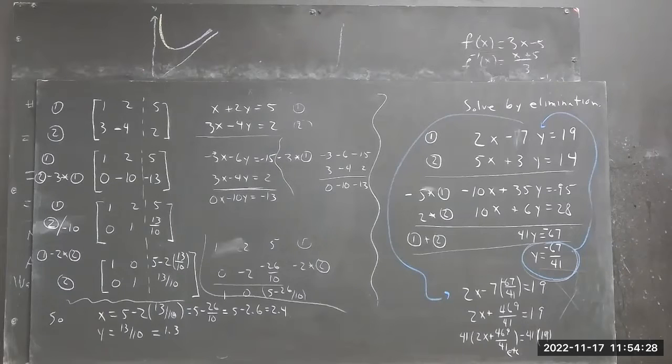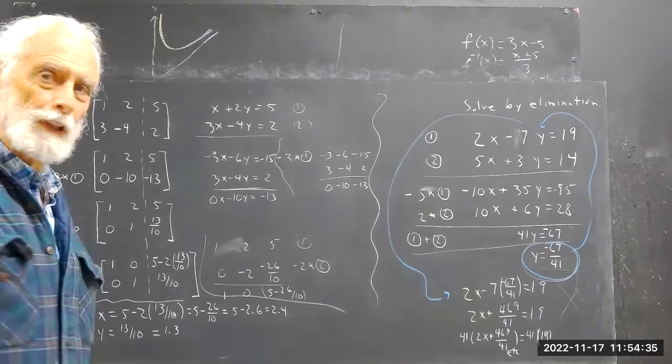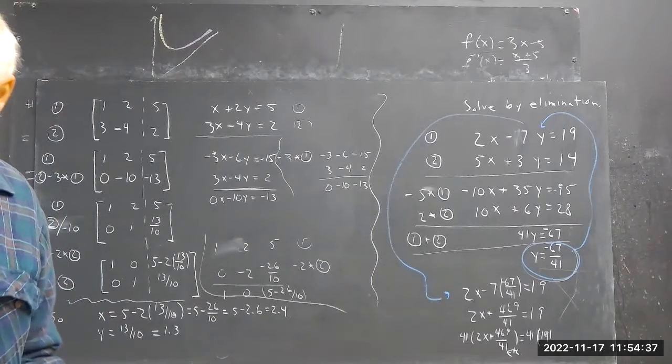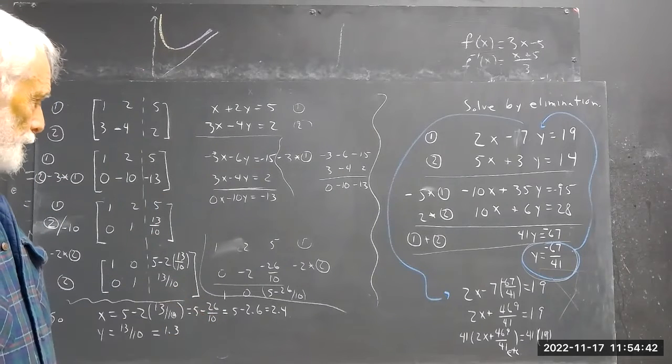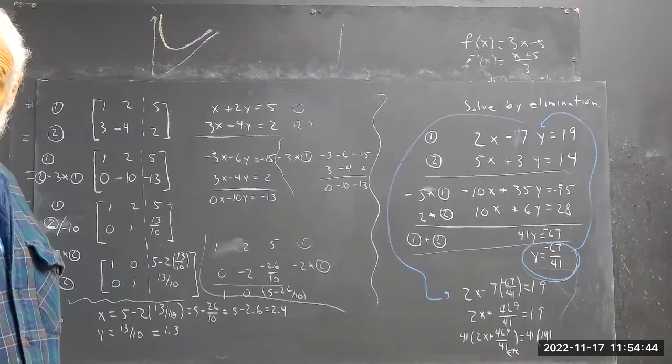Okay, so the one question I had, and it's totally valid, is that multiples of 10 are easier than multiples of 5, so I chose to use 10. Just a matter of space. Yes, 26 over 10 can reduce to 13 over 5.